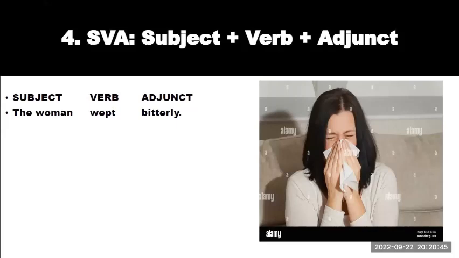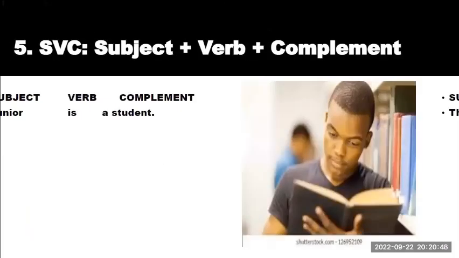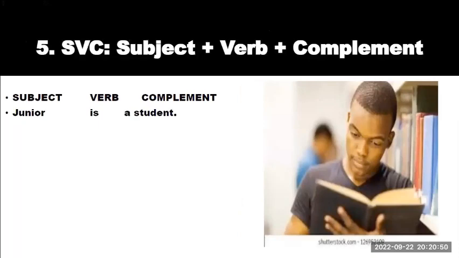Bitterly is the adjunct. Number 5, SVC. A sentence with the SVC structure contains 3 parts: subject plus verb plus complement. For example, Junior is a student. Junior is the subject, is is the verb, a student is the complement.